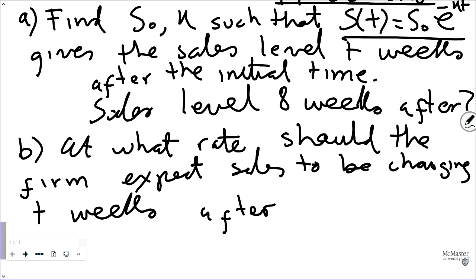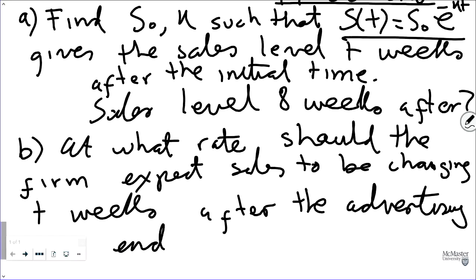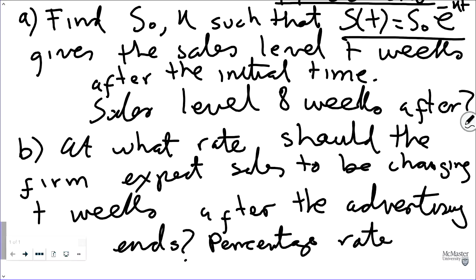In the problem there is a phenomenon that makes the sales decline, which is that they stop the advertisement. So after the advertising ends, it's a long problem, I know. But if I were to state the whole thing, it would take even longer. So there is an end of an advertisement that causes a decline in the sales, to which we will make a fit. And then we're also asked what is the percentage rate of change. This is just a rate of change expressed as a percentage, that's all.